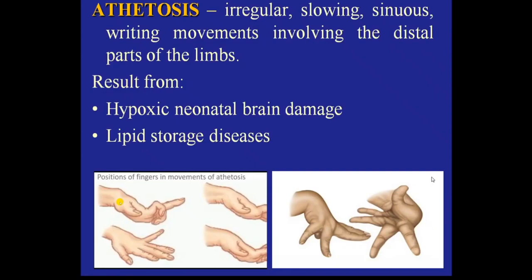These were two of our patients with Huntington disease, and you see all these hyperkinesis are violent. The next type of hyperkinesis is athetosis: irregular, slow, sinuous, writhing movements involving the distal parts of the limbs.